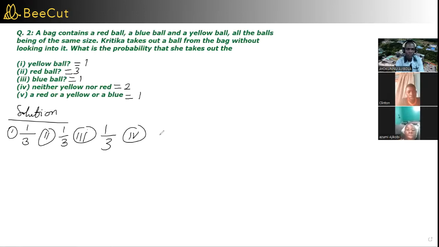If there is a blue ball, a red ball, and a yellow ball in a bag, and you dip your hand into it, are you listening? Yes, sir. Once you dip your hand into the bag, if you pick out 1 ball and you cover it with your hand and you have not checked the color, if it is not yellow and not red, then what color would it be?